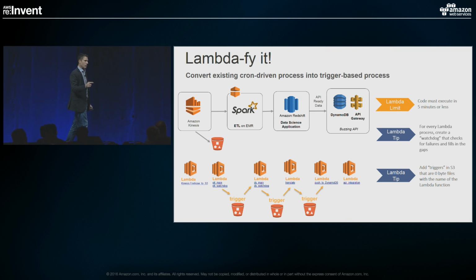One of the governance tips I have for you is to name your triggers the same name as the Lambda and be very precise with the naming, because you have to be very careful about overlaps in triggering Lambdas if you have a lot of people doing Lambdas and writing to S3.